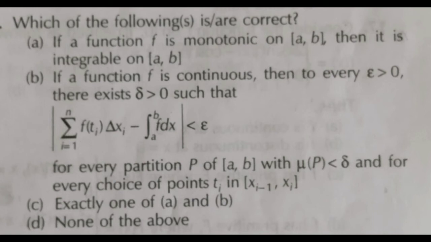Option B, if a function f is continuous, then for every epsilon greater than 0, there exists delta greater than 0 such that the modulus of the summation, i equal to 1 to n, of f(ti) delta xi minus the integral from a to b of f(x) dx is less than epsilon for every partition P of [a,b] with norm of P less than delta and every choice of points ti in [xi-1, xi]. Option C, exactly one of A and B, and option D, none of the above.